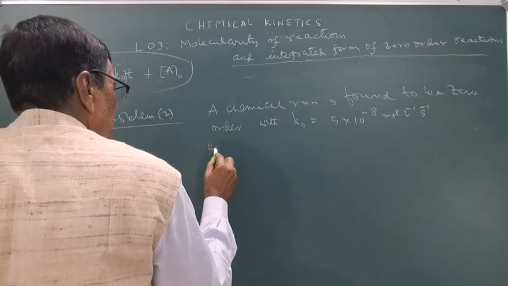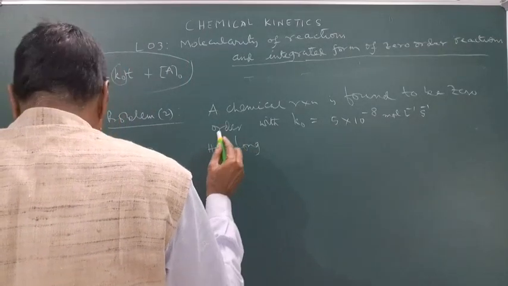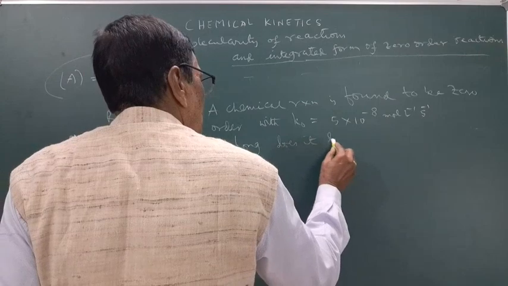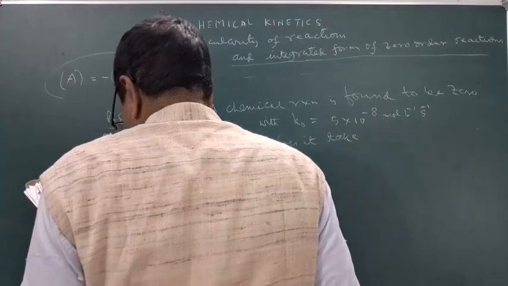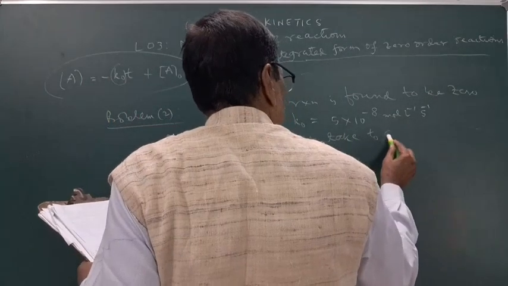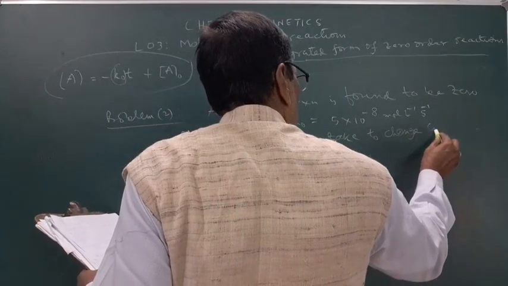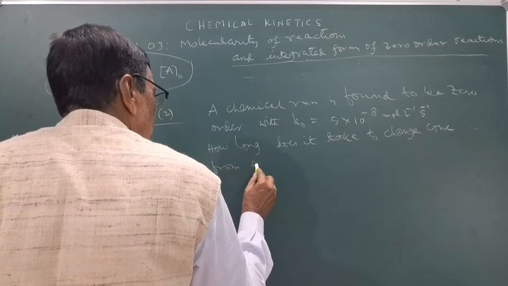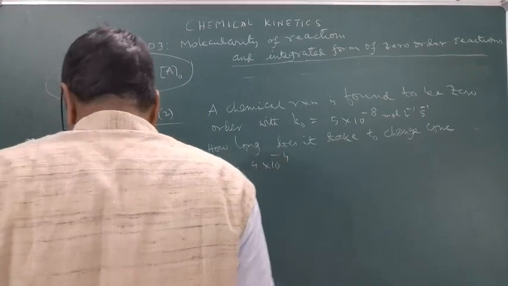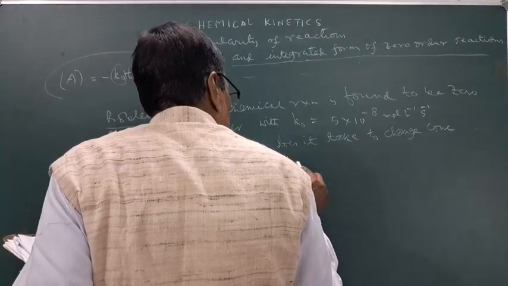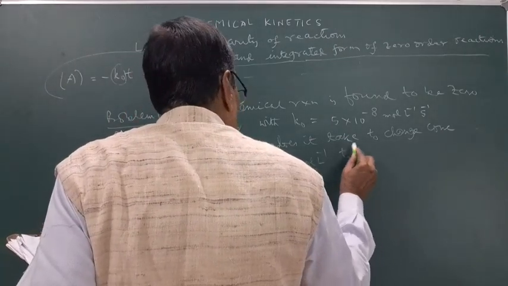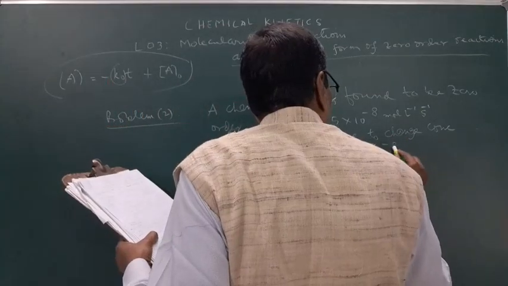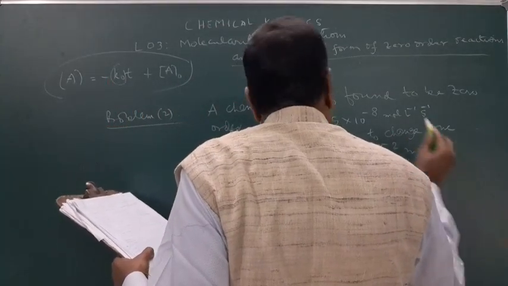How long does it take to change the concentration from 4 into 10 to the power minus 4 mole liter inverse to 2 into 10 to the power minus 2 mole liter inverse?